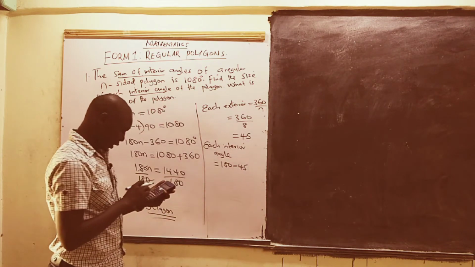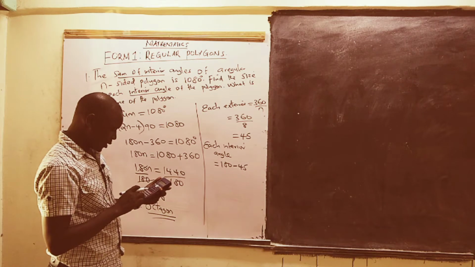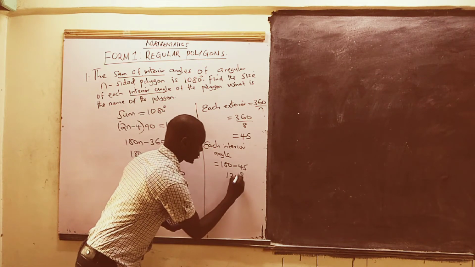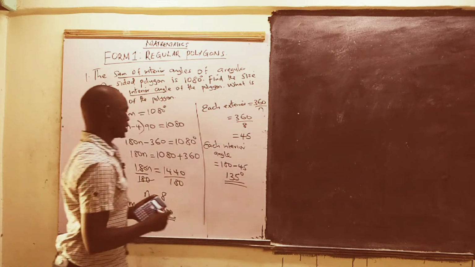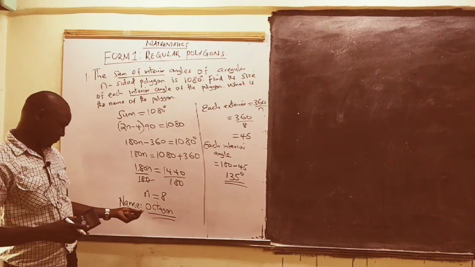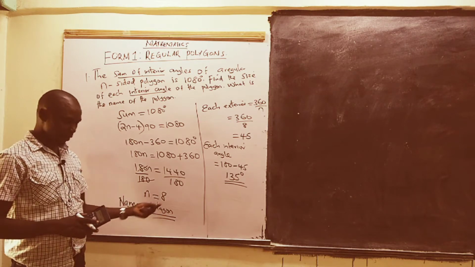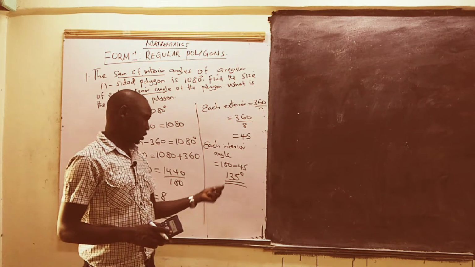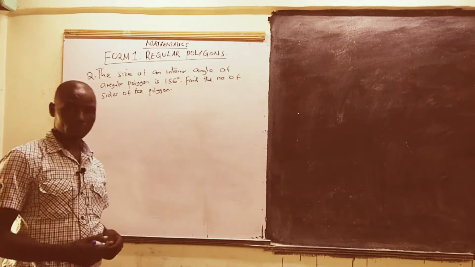If you take 180 minus 45, it is going to give us 135 degrees, and that is the answer to that question. The name of the polygon based on the number of sides is an octagon. Then the size of each interior is 135.